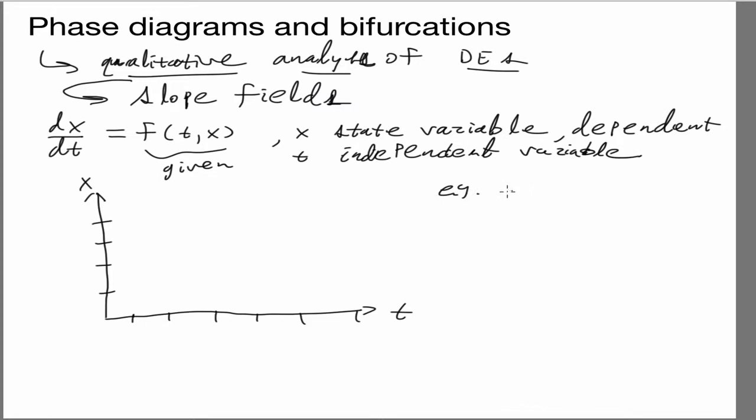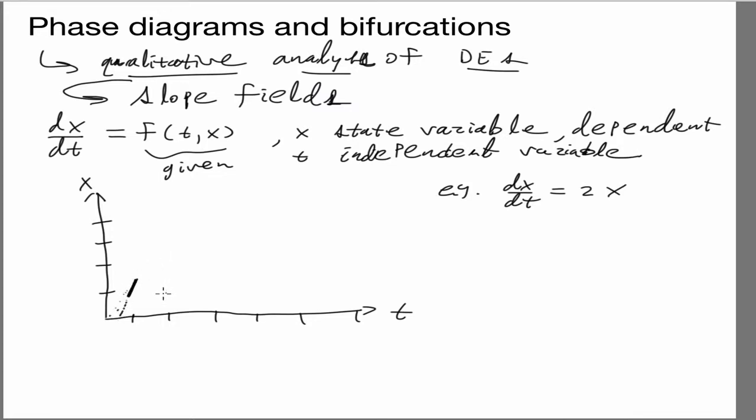Let's give an example very quickly. If we have dx/dt equals 2x, then at the point (1, 1), of course, the slope is going to be 2. So we want it to have a slope of 2.